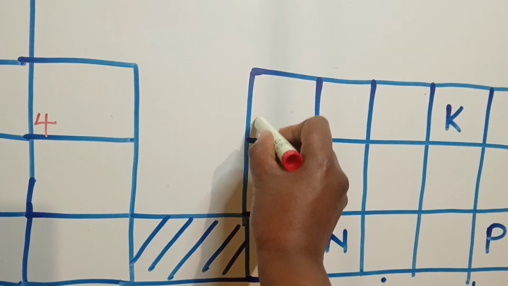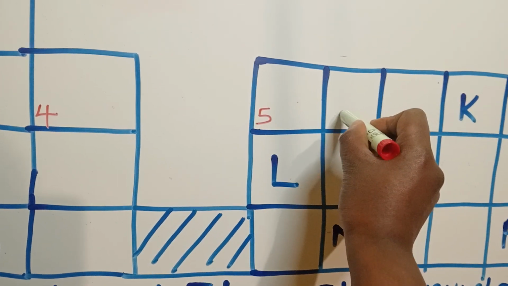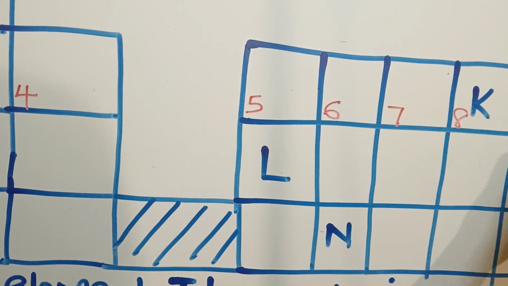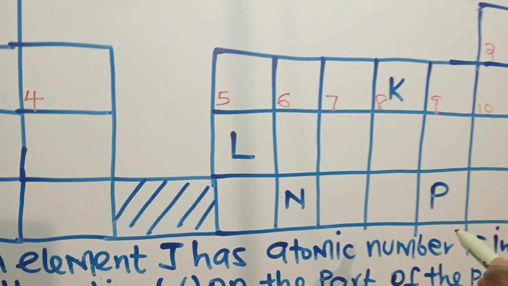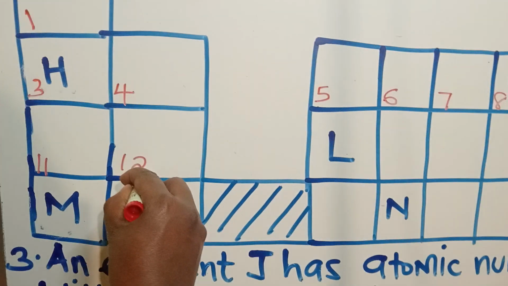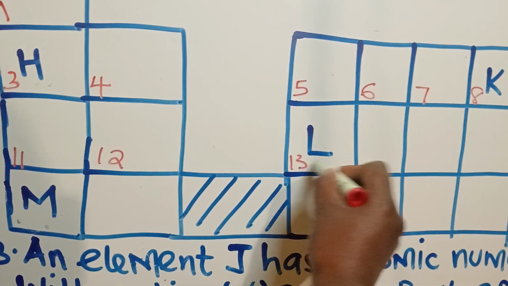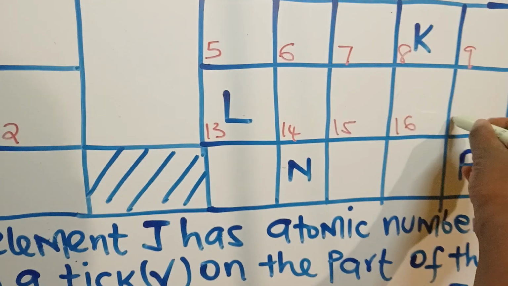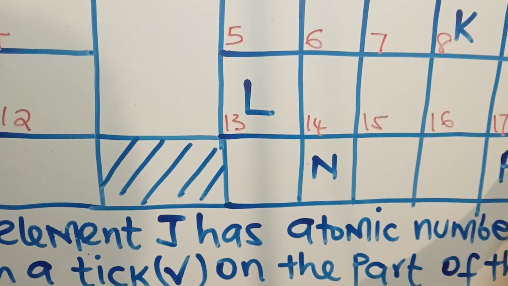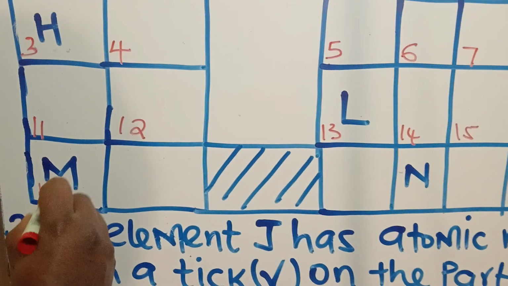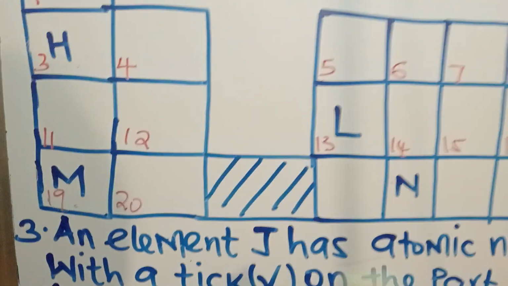We go ahead with number 5, 6, 7, 8, 9, 10. We go back this side, 11, 12, 13, 14, 15, 16, 17, and 18, then 19, 20.